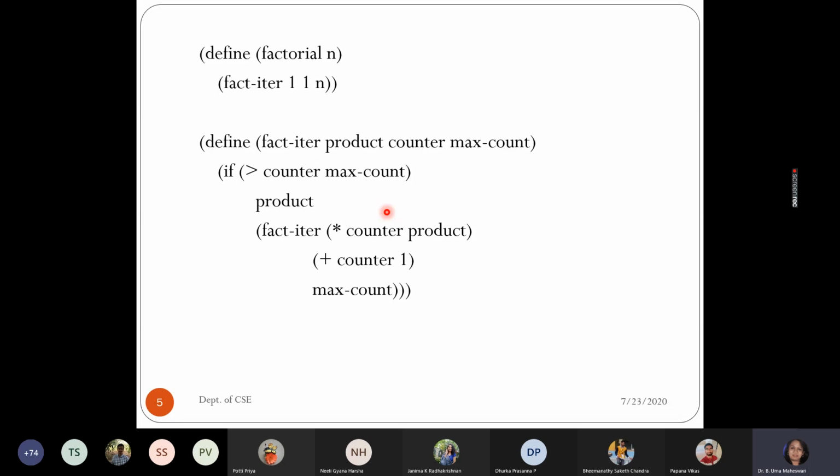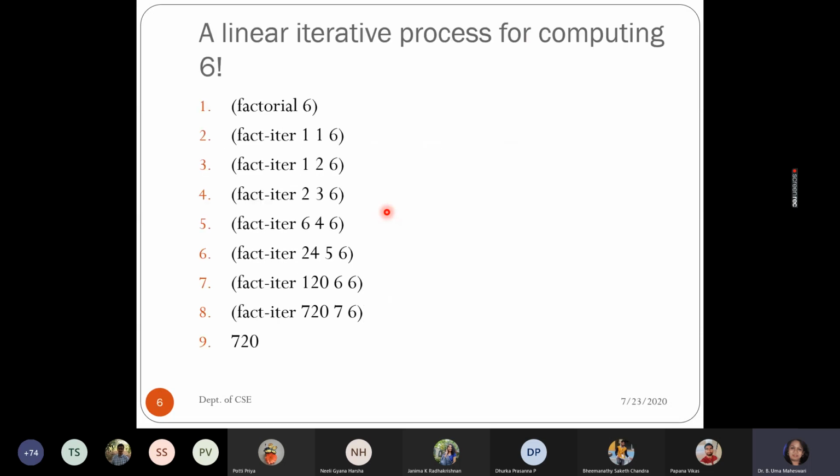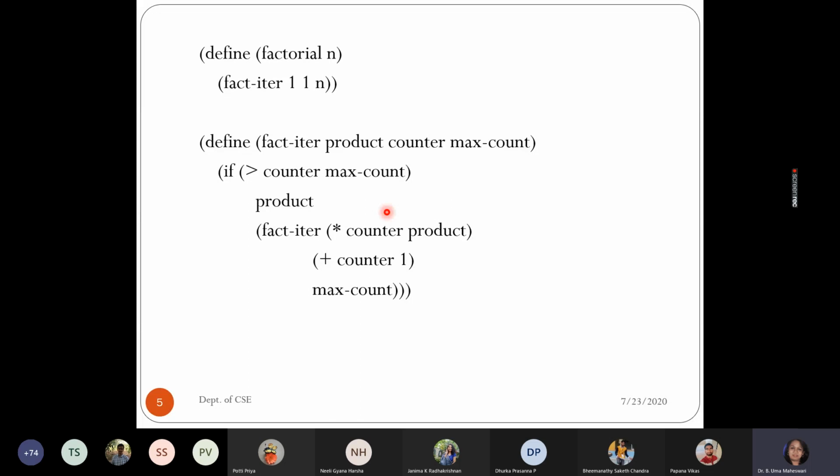Which shape do I want, because some of the shapes are very efficient. In this case, the linear iterative shape is very efficient. So you are dictating to the computer, by writing the procedure, that I want this shape of the process. My process has to be in this shape only. You are dictating to the interpreter.